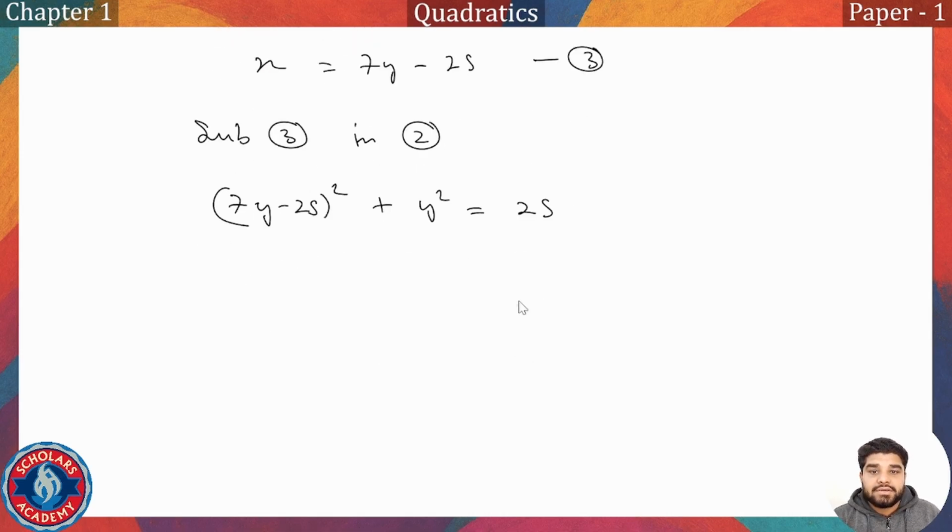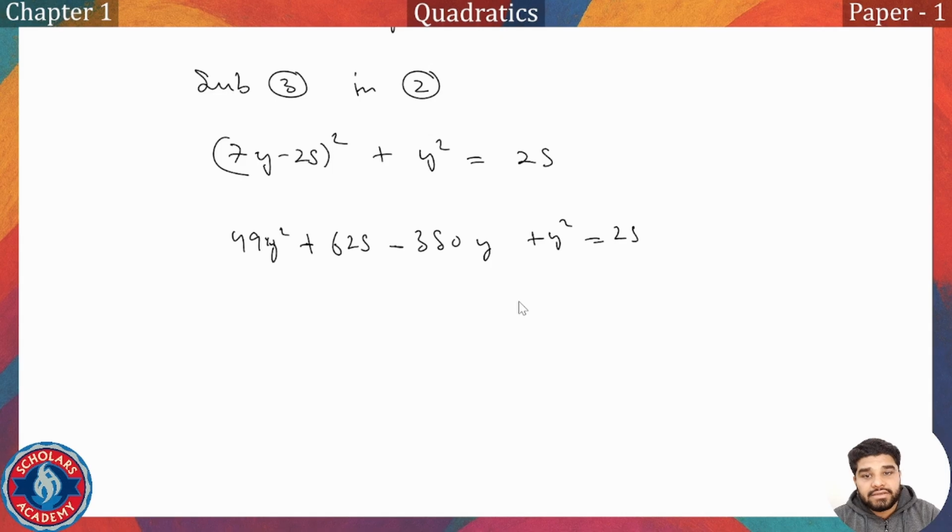So this is the whole square. We are substituting the value of x over here. We get 49y square minus 625, plus 625 minus 50 times 7, that is 350y, plus y square is equal to 25.